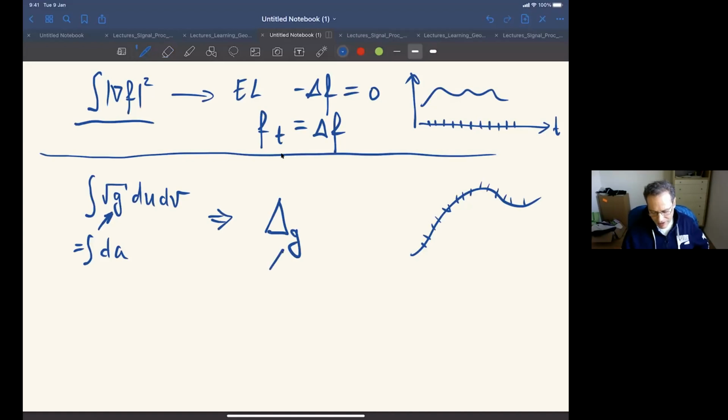Now I'm adding this metric here that operates on my surface, on my manifold. Applying it in a gradient descent fashion gave me nothing but the mean curvature flow. This was the vector.